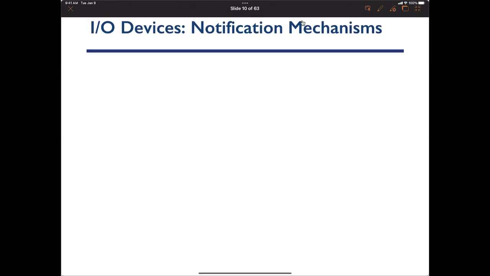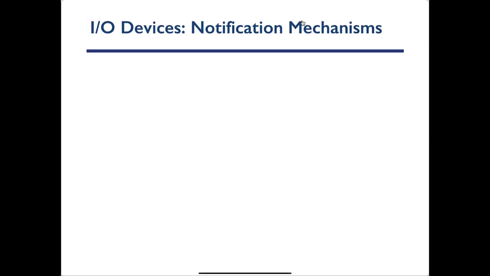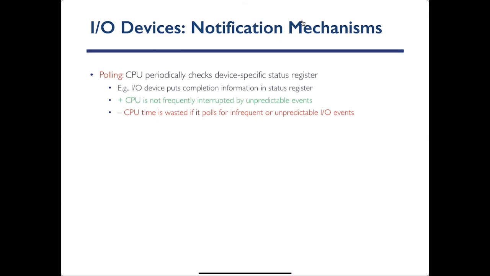So let's talk about one more device dependent mechanism and then we'll start talking about the PCIe. In terms of communication with the CPU, IO devices support different mechanisms. One of the most popular and old-fashioned ways of communicating with devices is through polling.